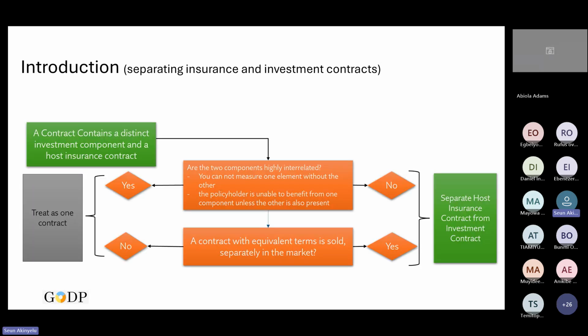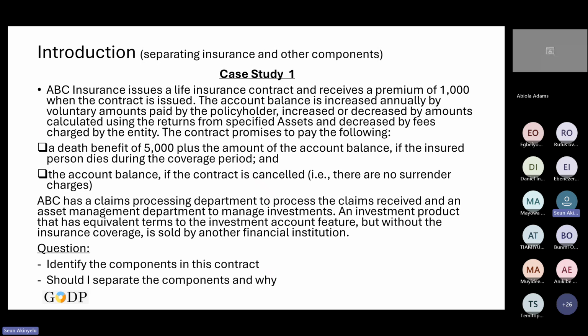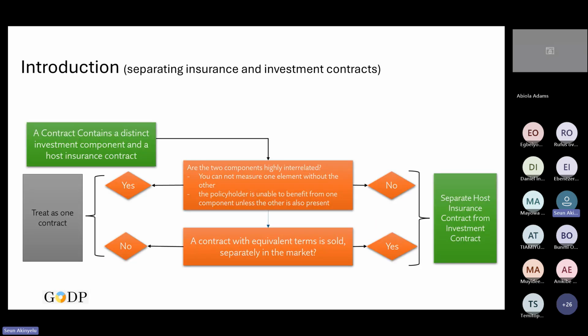So if that is the case, that means that the first one means that they are highly interrelated. If they are highly interrelated, it's tending towards treat as one contract. The second one is that if there's an investment contract that is sold separately that has some feature like that without the insurance company, yes, there's actually an investment component that is actually sold. However, because it has failed the first one, which is that it is highly interrelated, then we will treat it as one contract.